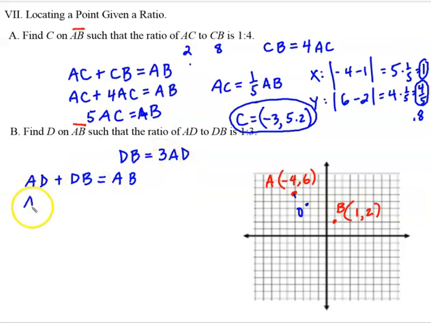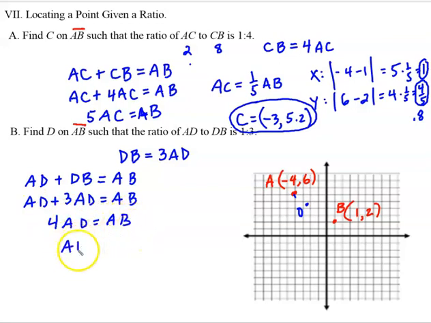Substitution, in place of DB, I'm going to put 3AD. Combine like terms, this is 4AD. Solving for AD, multiplying by 1/4 on both sides, that's going to be 1/4 AB. So we know that whatever the total distance of AB is, AD is only going to be 1/4 of that.